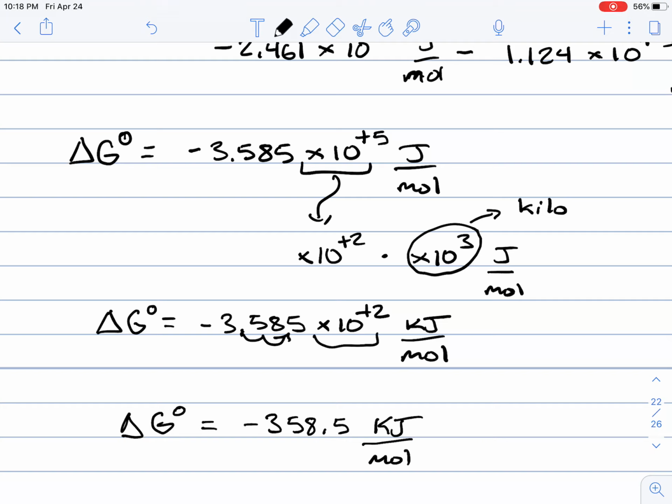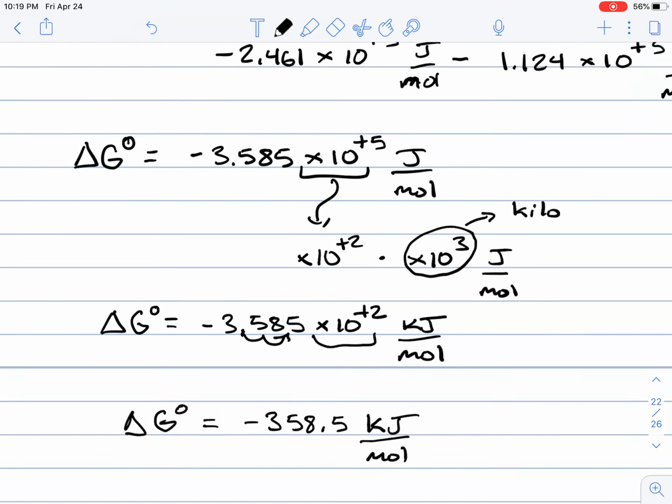You just want to make sure that the final answer is correct and that it's in the same magnitude as everything else. And so, for example, if you said the answer is going to be negative 358.5 joules per mole, then that answer is wrong because you're off by 3 orders of magnitude. So you just want to make sure that you represent every single part of the scientific notation, either as a prefix or you're expressing it by moving the decimal left or right, depending on the sign of the exponent.